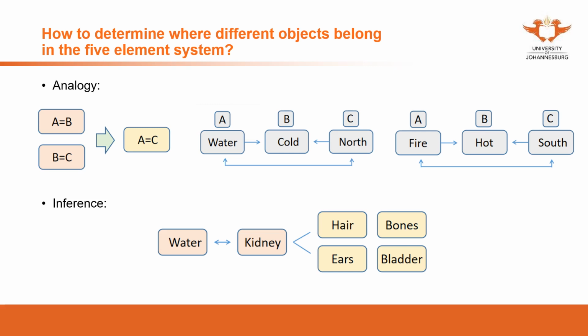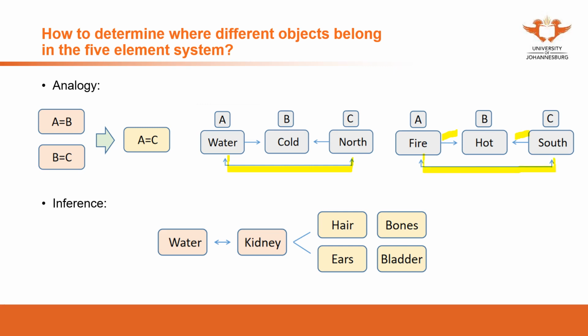For example, from math, we know that if A equals B and B equals C, then A equals C. So the water is cold, and the north is also cold, so we link the water and the north. The fire is hot, the south is hot, so we link the fire and the south.